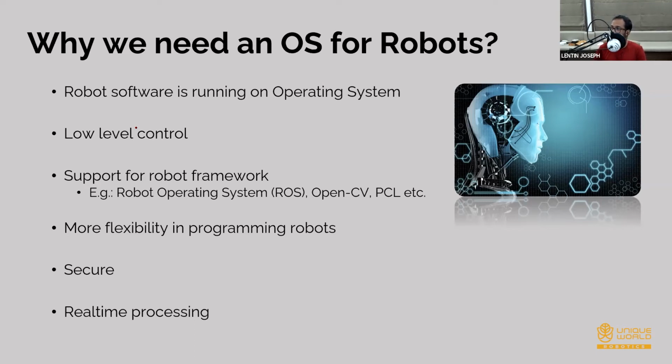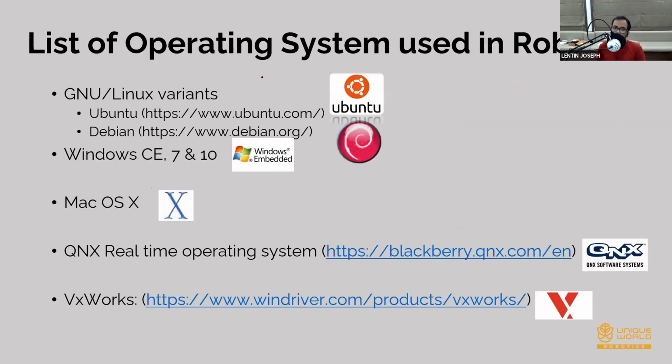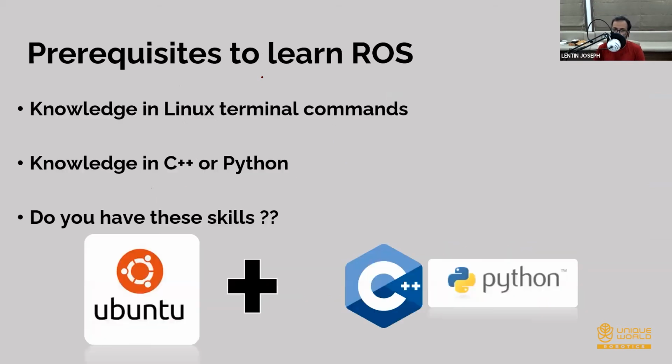But it's not a full-fledged operating system, and it needs a host operating system to run. Host operating system means you need maybe Ubuntu or Windows or Mac to install ROS on it. So that is actually ROS. And for robots, for the robot computer, we are mainly using a Linux-based distribution. So now only we can start with ROS.